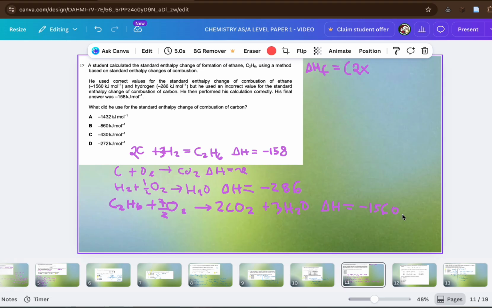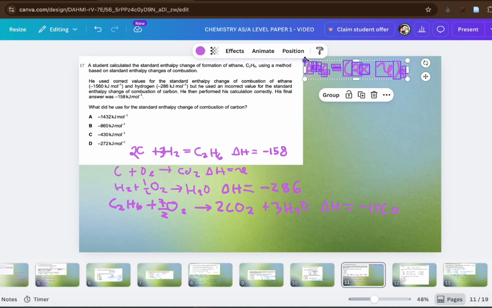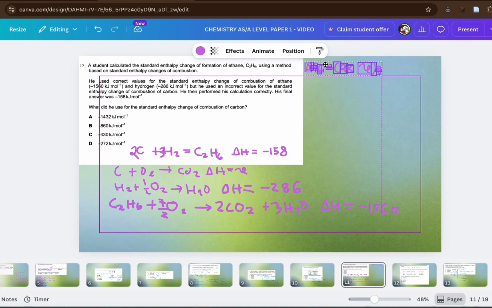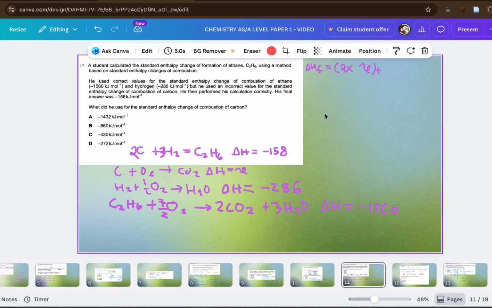CO2, right? So that means it's twice the amount of over here plus, let's make that smaller, so over here plus three times the amount of hydrogen.